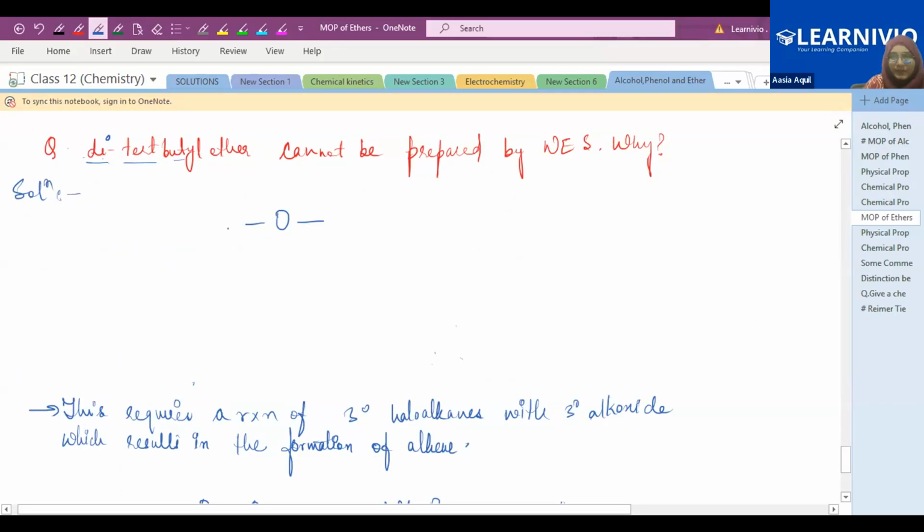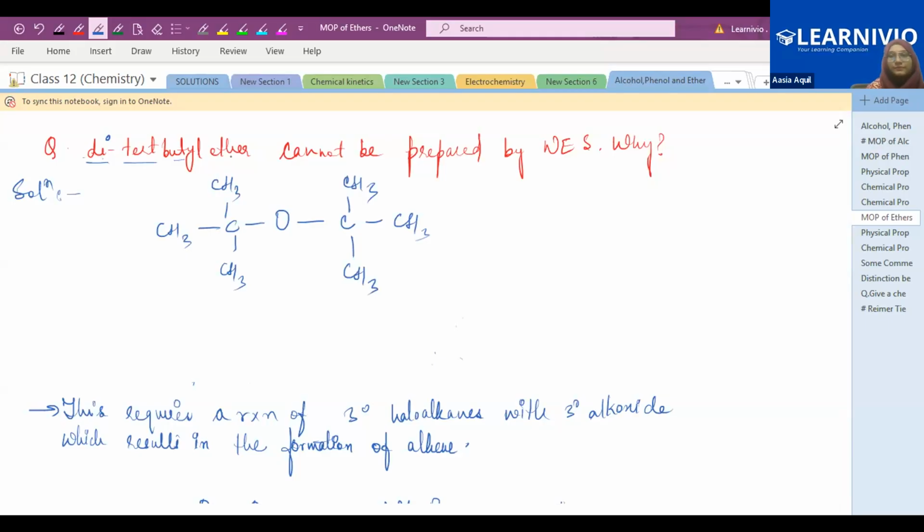Tertiary butyl group means this group: carbon, CH3, CH3, and this is CH3. So this is your ditert butyl ether. The question is, why can we not prepare this ditert butyl ether by Williamson ether synthesis?